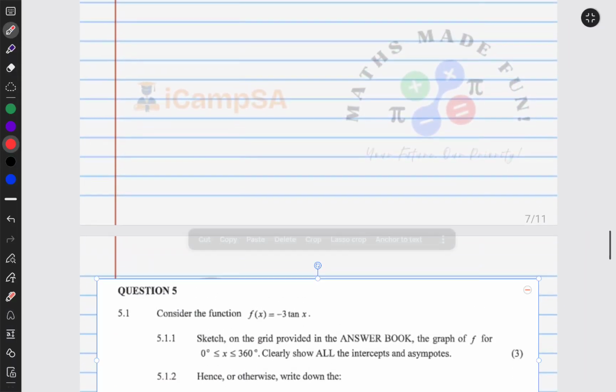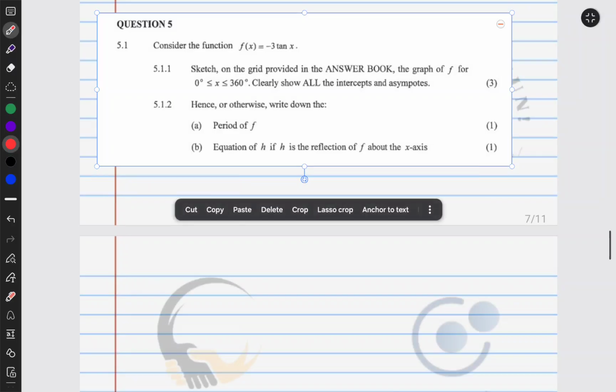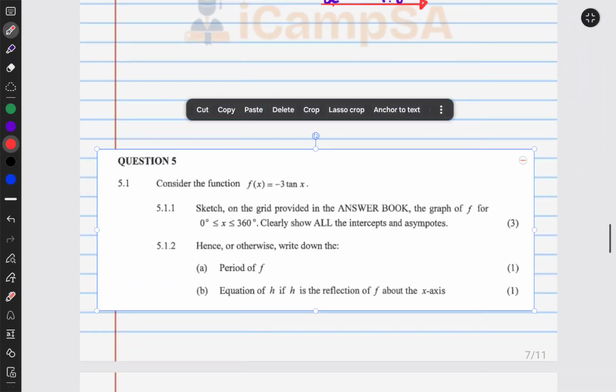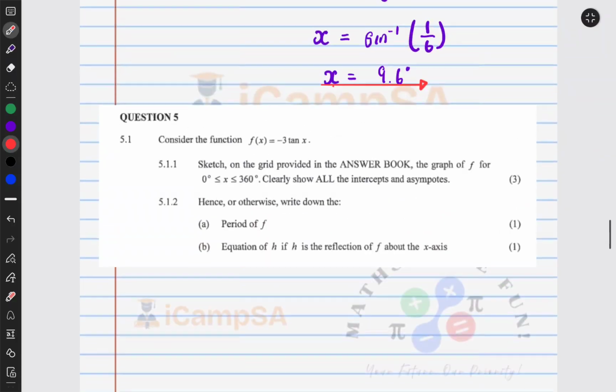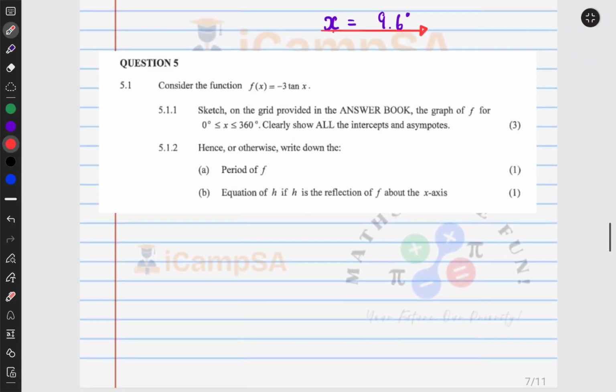Okay, and then next we have question 5. Consider the function f at x is equal to negative 3 tan x. That negative 3 there tells us that the function of tan has been flipped about the x-axis, or it has been reflected, and it has also been stretched by a factor of 3.